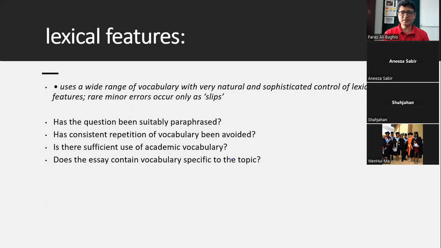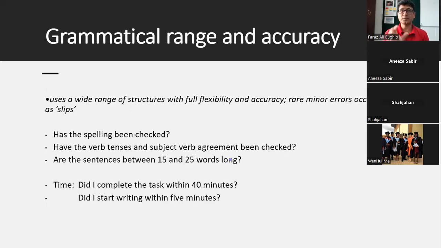And then lexical features. As I said, do not use the same words too often. You have to use topic-specific words, right? Avoid repeating words, and topic-related words should be used. The grammatical range means spellings should be correct and subject-verb agreement should be there. For example, I have, not I has.